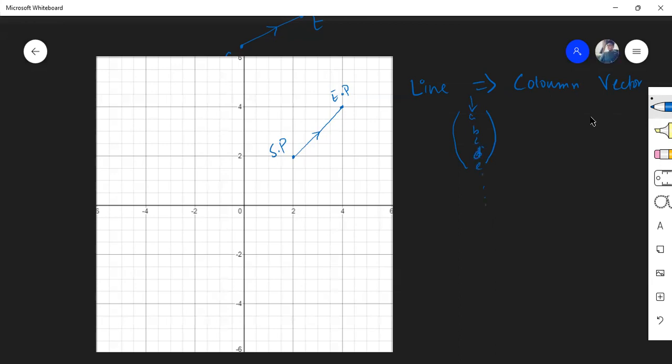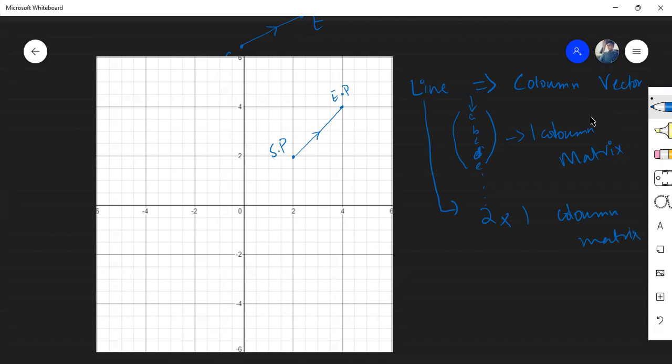So it's like a one column matrix. So we describe this line of a vector using a 2 by 1 column matrix.